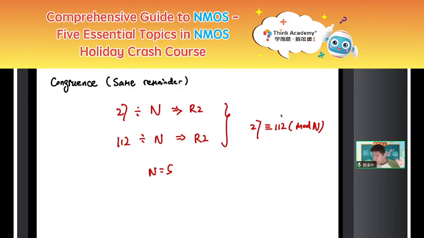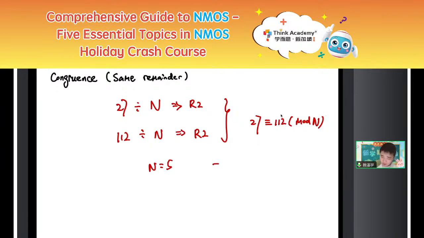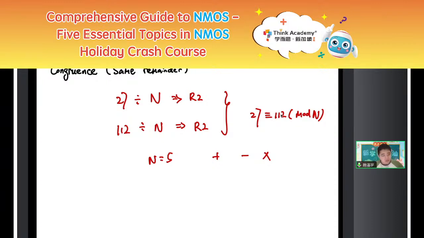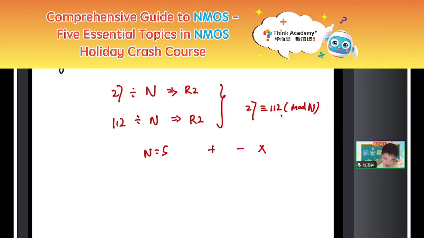How do you get n equal to 5? We've talked about the questions in topic 2, I think yesterday. So actually, whenever we have the same remainder, the idea is, since we can do addition, subtraction, and multiplication of the remainders, we can actually try to get rid of the remainders.